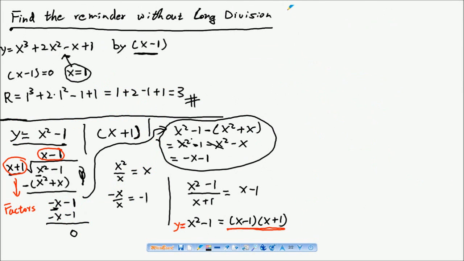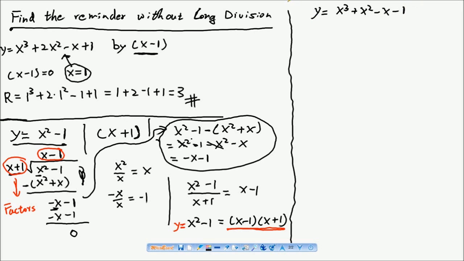I'll do an example on how we factorize a cubic equation. Say I have y equals x cubed plus x squared minus x minus 1.